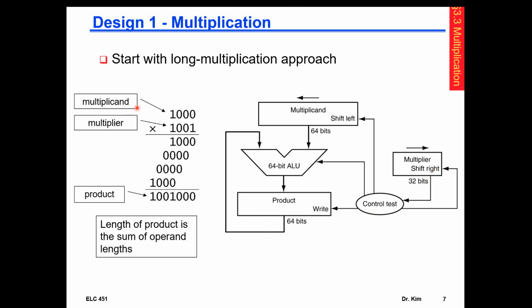And we start the same process, looking at the least significant bit of the multiplier, and if it's 1, we're going to add the multiplicand with the product.